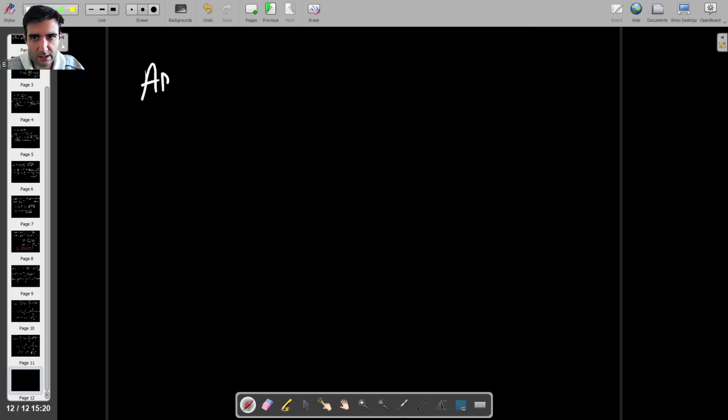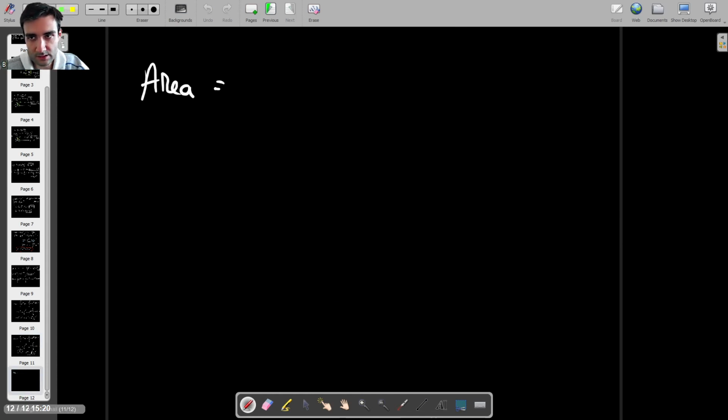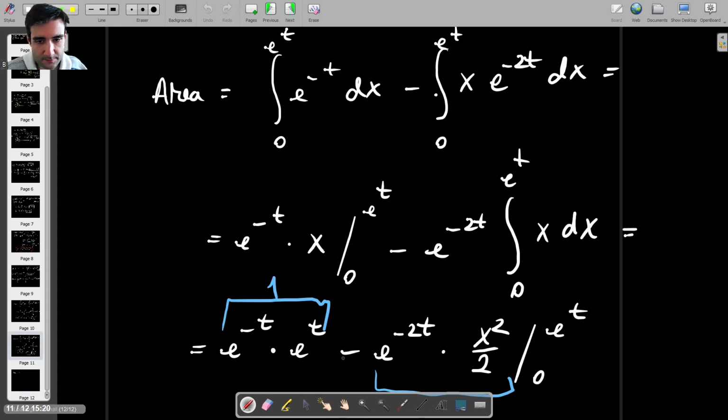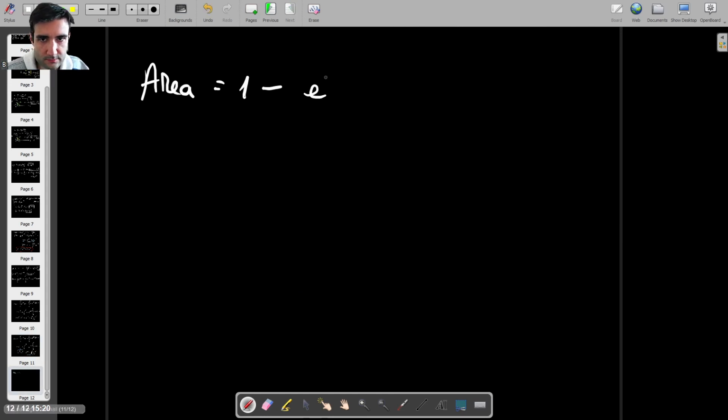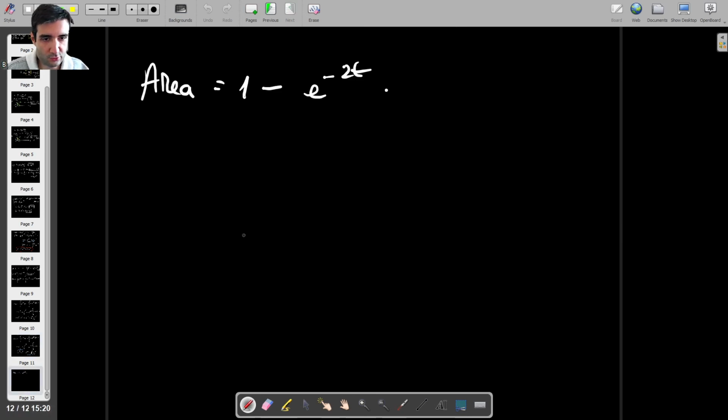The first term is 1, which is pretty straightforward. The second term only exists when x is e to the t, because when x is 0 the whole term is 0. So that is 1 minus e to the minus 2t times e to the 2t over 2, which is equal to 1 minus 1/2, which is 1/2.